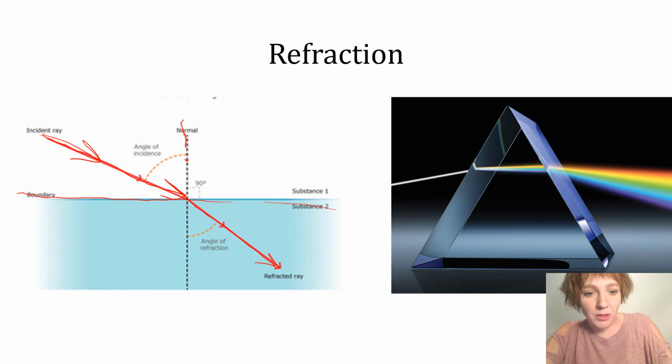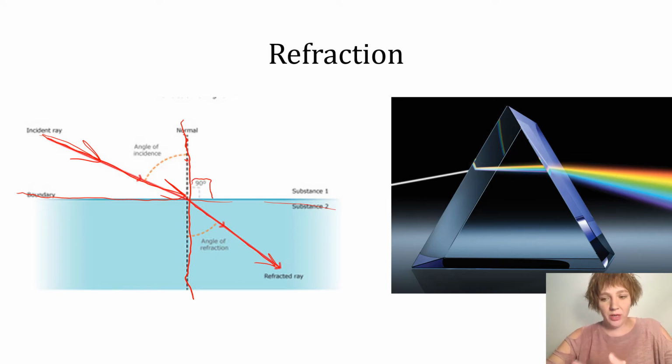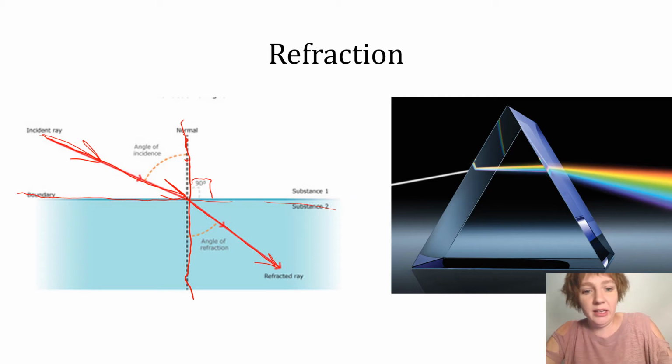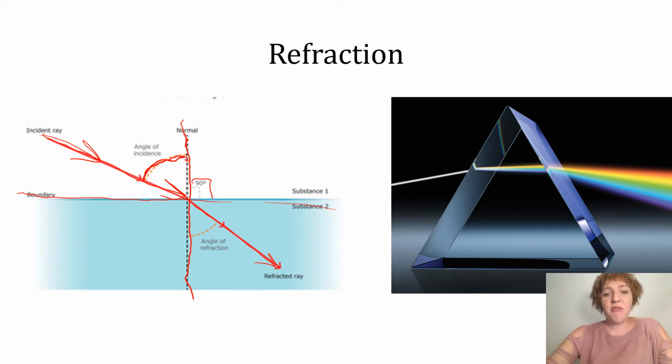The normal is this line here, and that is just a line perpendicular to the interface, okay? The ray angles are always measured relative to the normal. The normal is always perpendicular to the surface that you're interested in. So the incident ray is going to have an angle of incidence measured from the normal, and the refracted ray is going to have an angle of refraction measured from the normal on the other side.